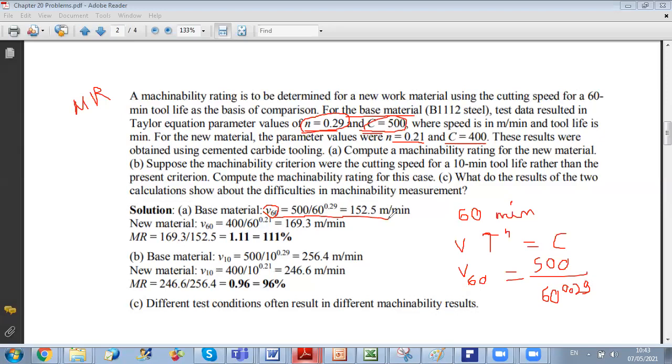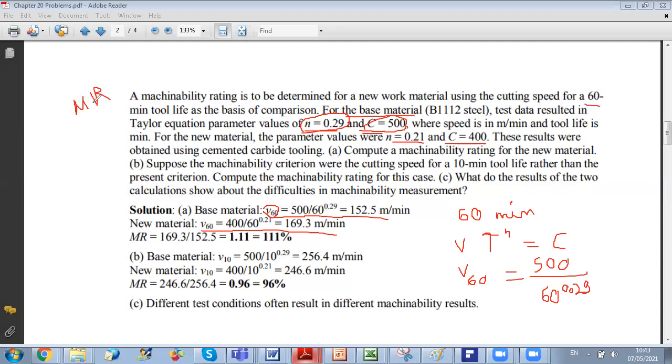For example, if I want to compare this base material with a new material, for the same lifetime of 60 minutes the values of N and C are 0.21 and 400. And of course, the higher the cutting speed, the better the material.